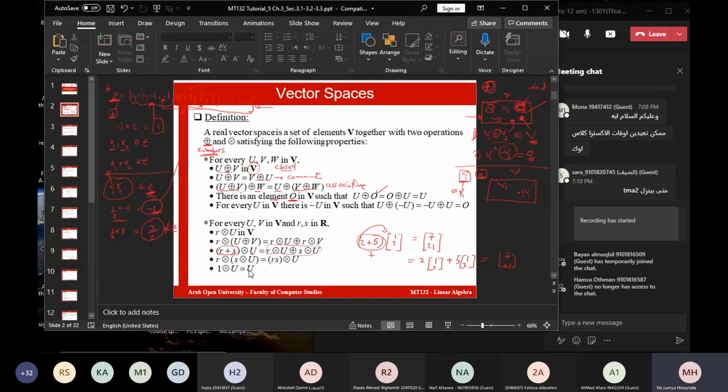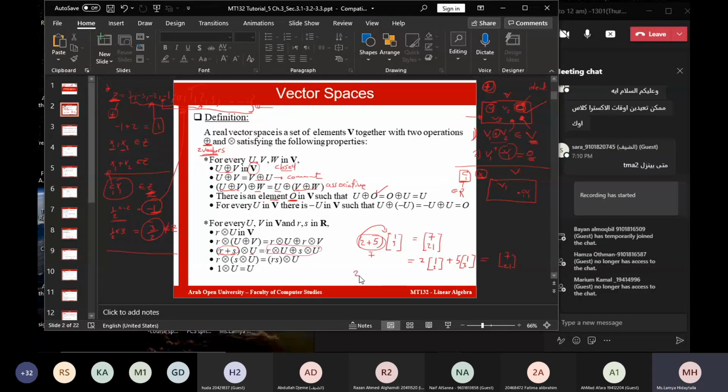Okay, and also if we have them multiplied, that is 2 times 5 and then times U, which is (1, 3). What you do, you can multiply them first to get 10 and then multiply 10 by the vector.